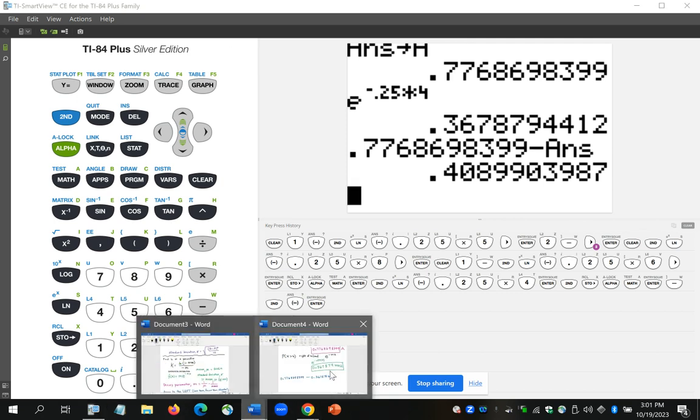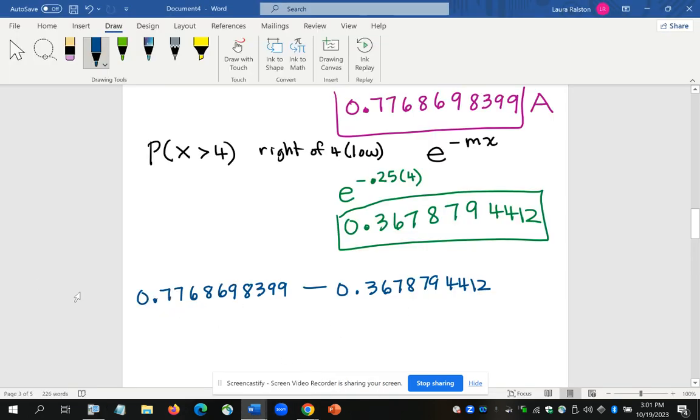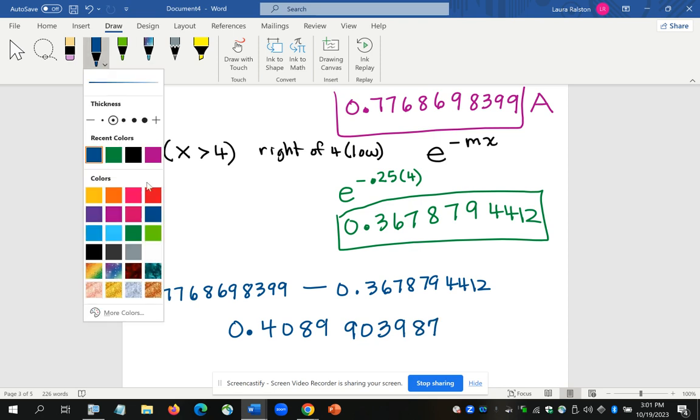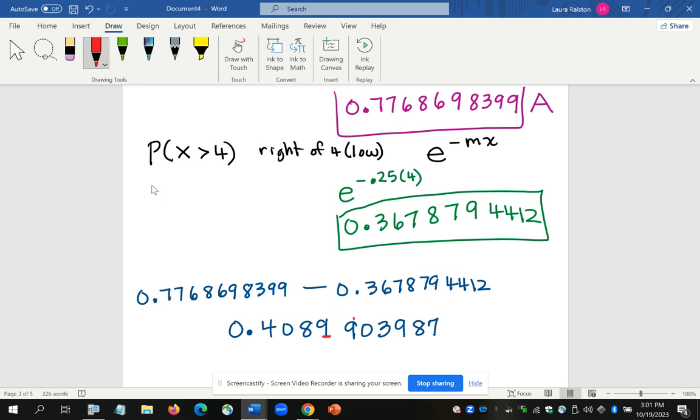Okay, so when you do that subtraction, if you don't carry all the decimals and you round early, you're going to get a slightly different answer. So just be careful. 0.4089903987. Again, rounding to 4 decimal places, you have a 9 in the 4th place and a 9 next door.